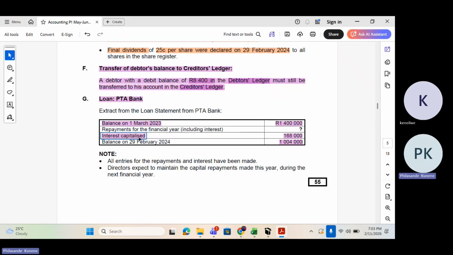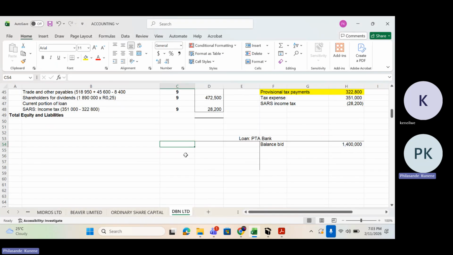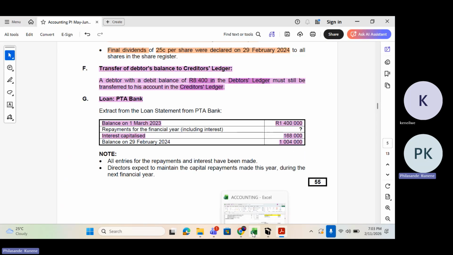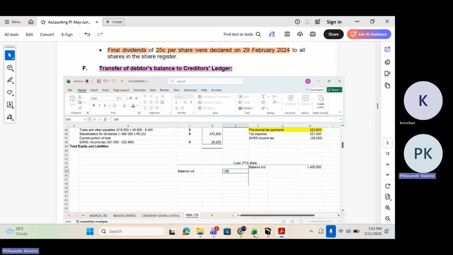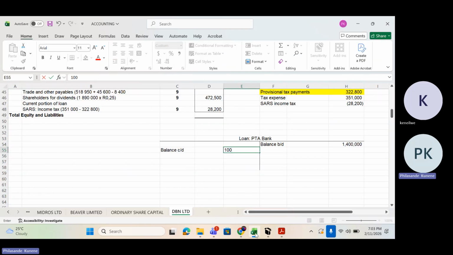The balance carried down, which is 1,004,000 rands.